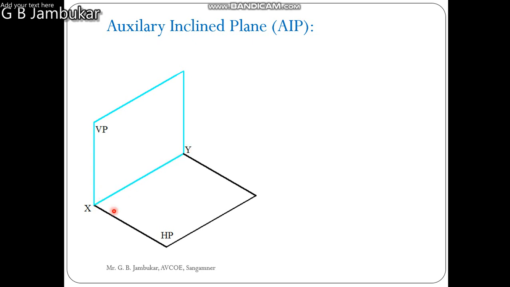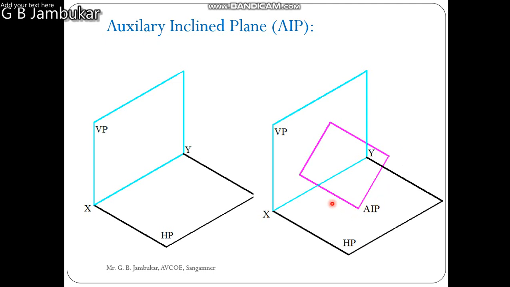We saw this in orthographic projection. The auxiliary inclined plane is the plane which is perpendicular to VP and inclined at some angle to the HP. This is shown in this diagram: an auxiliary inclined plane inclined to HP and perpendicular to VP.